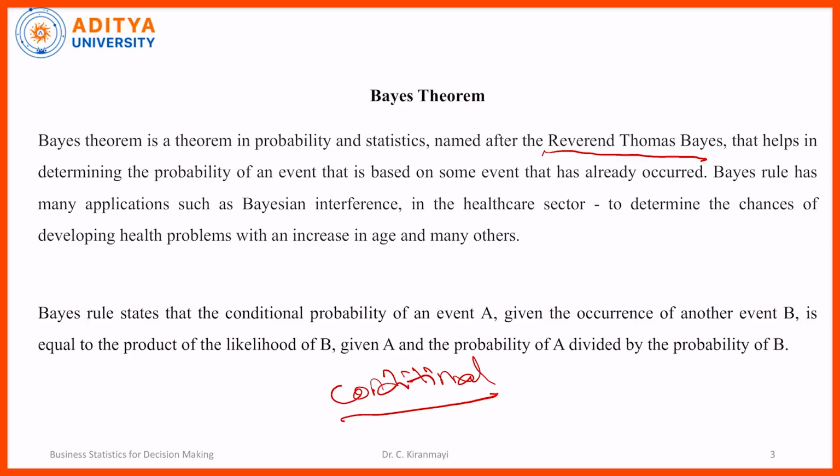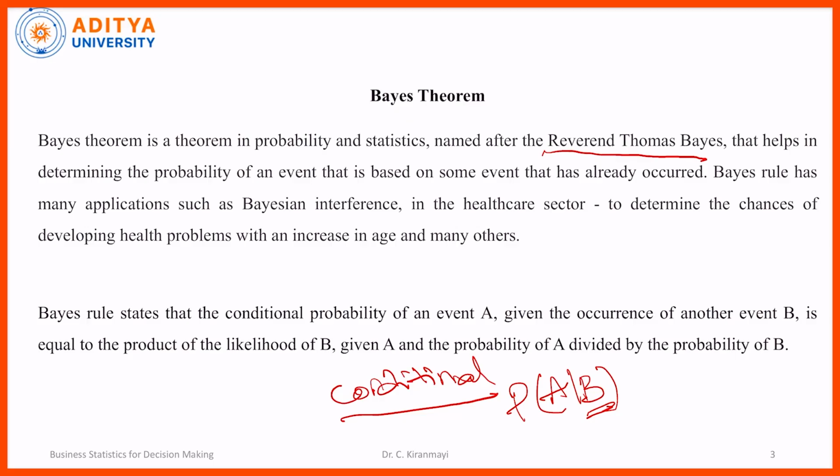Conditional probability means, for example, the probability of A given B, that is, the probability of A that we are computing, given the condition that the event B has already occurred. In such a case, the probability of occurrence of the event A given B is called conditional probability.